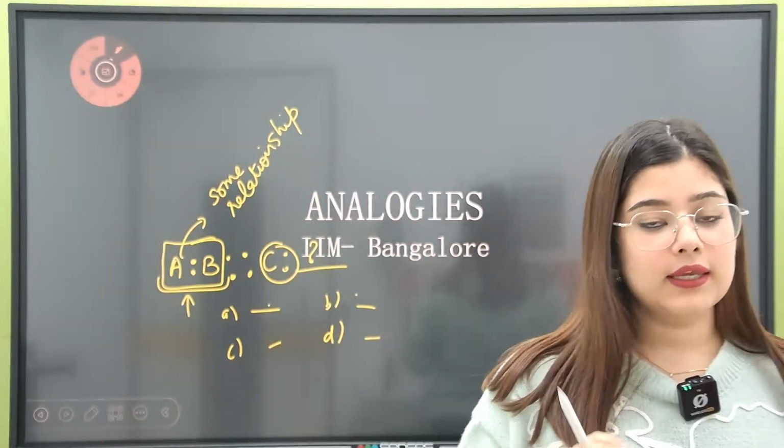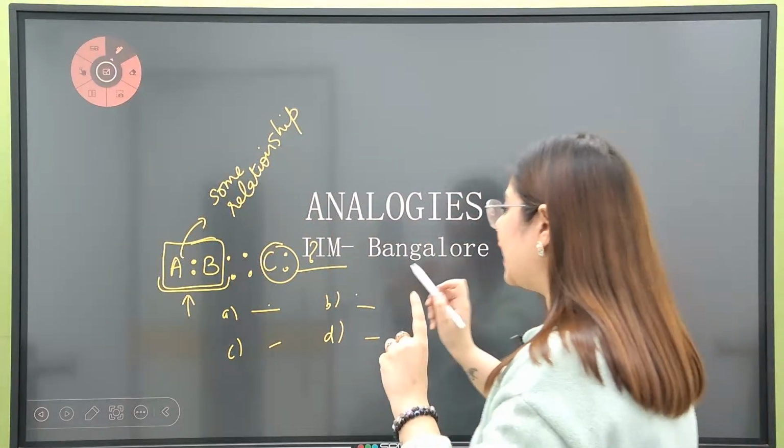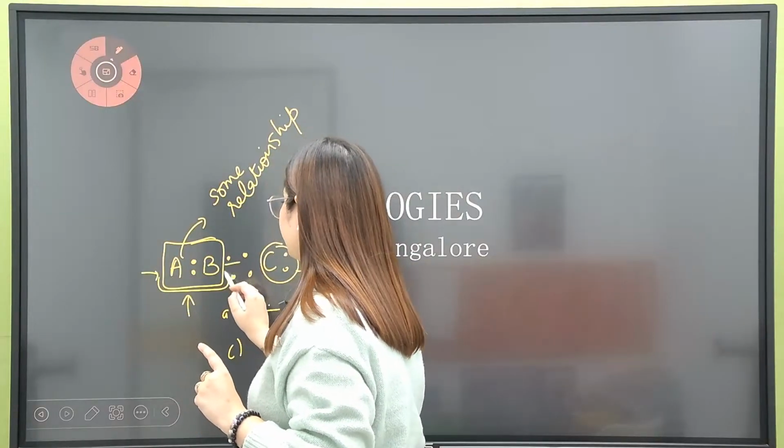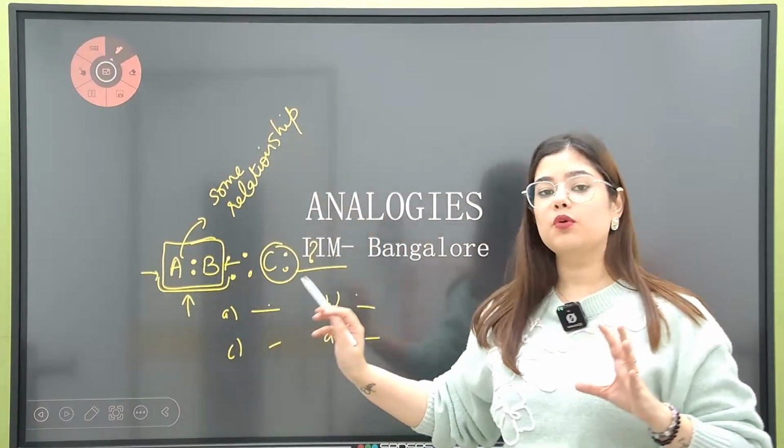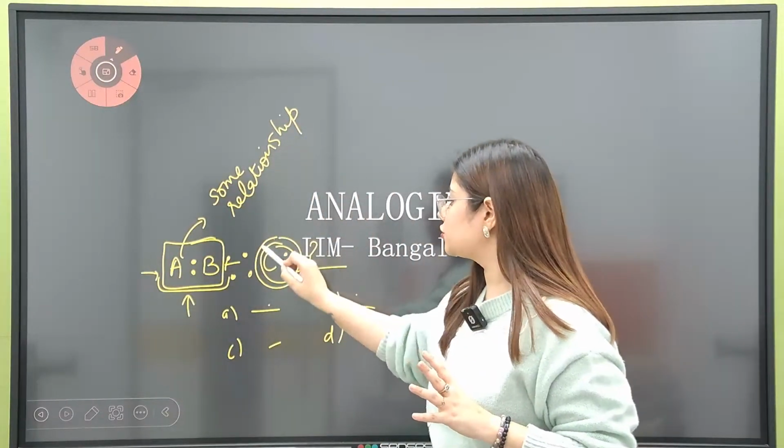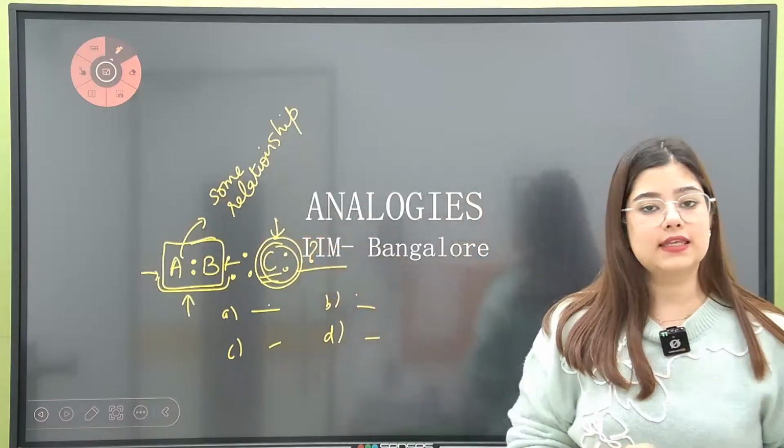And then, keeping into consideration that relationship, you have to select an option that would share the same relationship with, let's say, C in this case.